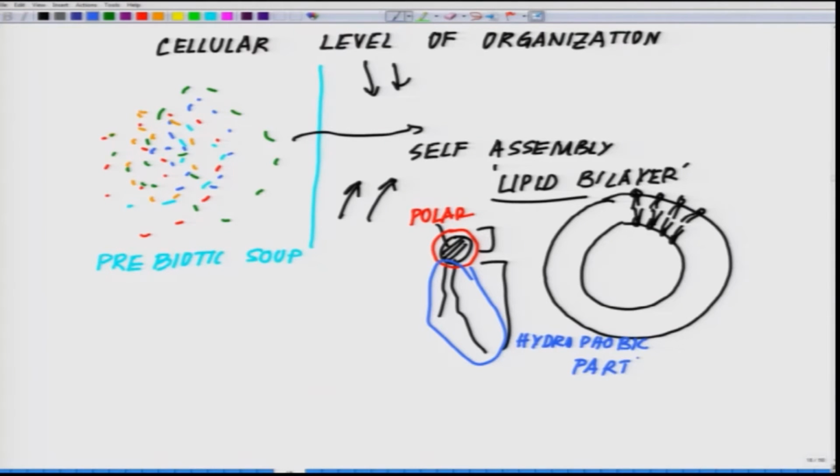So, the biggest triumph was how they self assemble to form a structure, and on such a structure they develop systems of different kinds of transport mechanisms: energy dependent transport, unidirectional transport, bidirectional transport, channels.